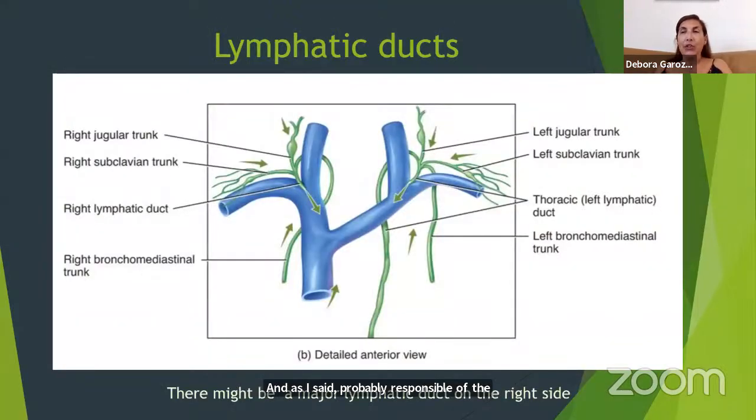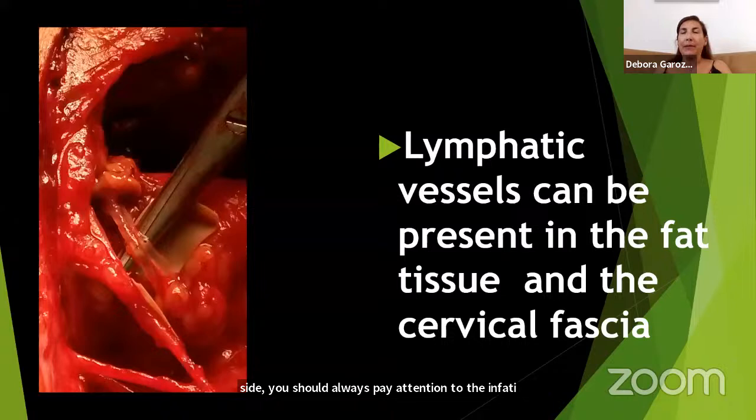On the left side, you should always pay attention to the lymphatic duct, because especially in patients with a high body mass index, there might also be a network of lymphatic vessels in the fat tissue and the cervical fascia.